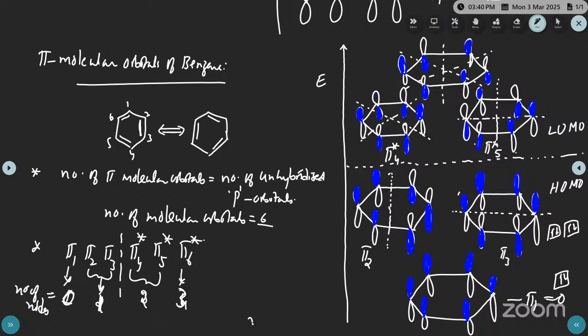Okay, highest HOMO, this is LUMO. 5 star 4, 5 star 5 are not filled by the electrons, so lowest unoccupied molecular orbital, and this is filled by the electrons, so that it is highest occupied molecular orbital, and this one lowest unoccupied molecular orbital. So this is about the pi molecular orbital diagram of benzene.